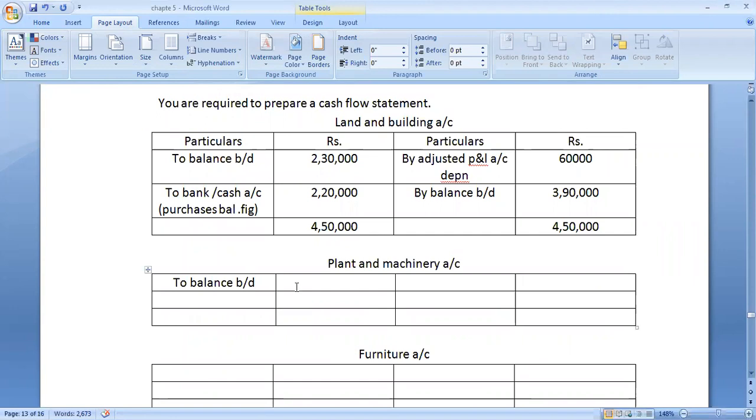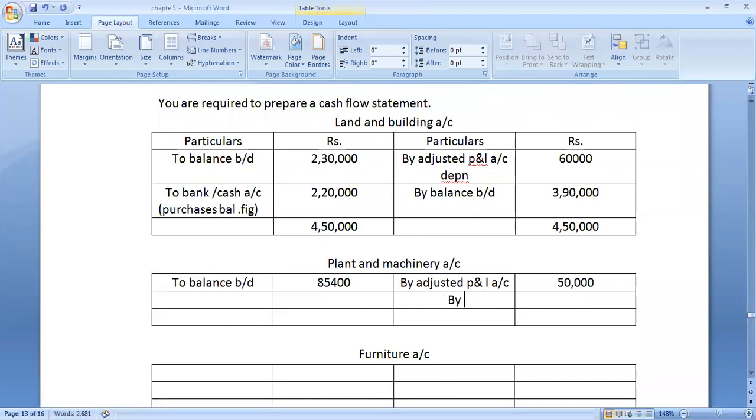Also take the depreciation as given, by adjusted P and L account. It is the value of depreciation which is given in the question. It is 50,000 to be taken into consideration.